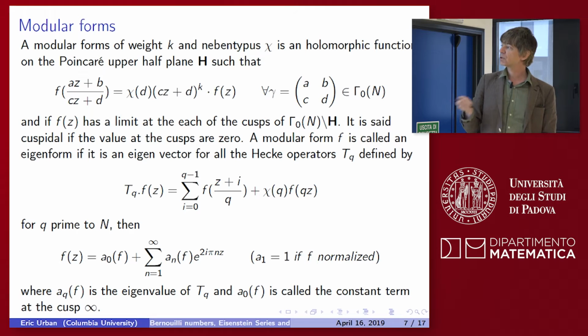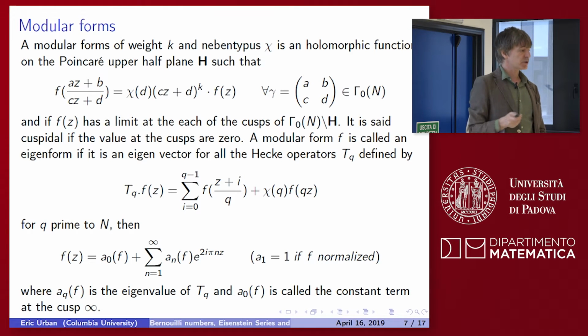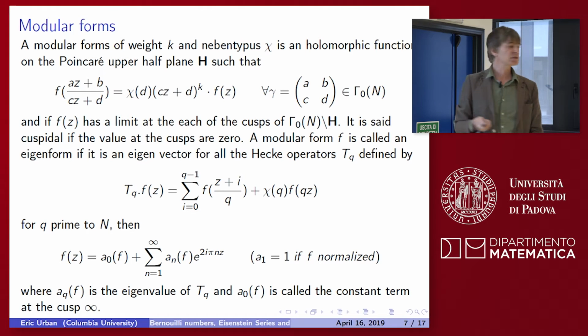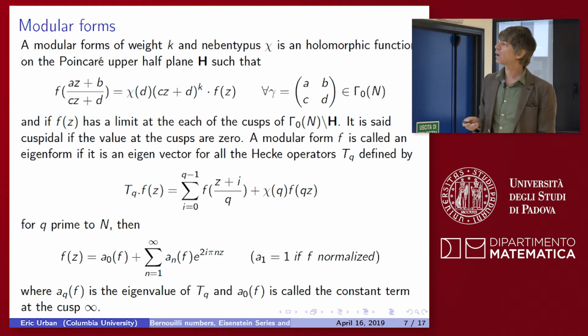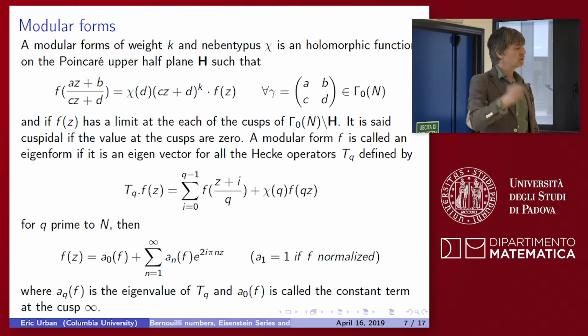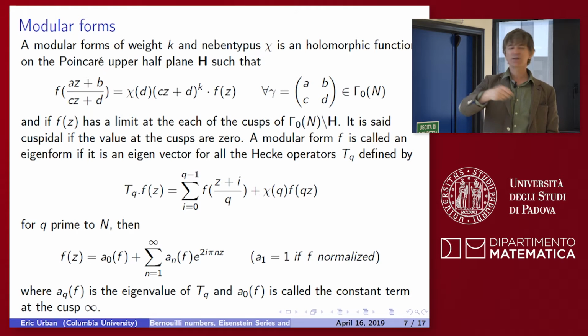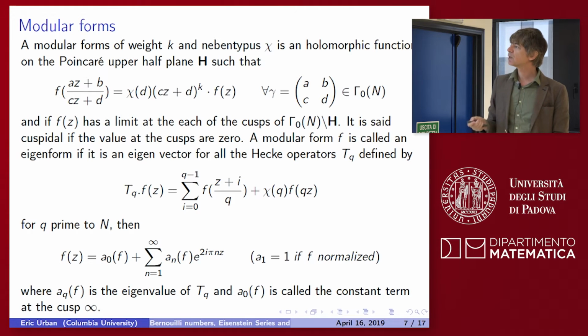So you have to add finitely many points, and each of those points is called a cusp. One of them is the cusp at infinity, when the imaginary part goes to infinity. So you need, for instance, that f(ix) has a limit when x goes to infinity.